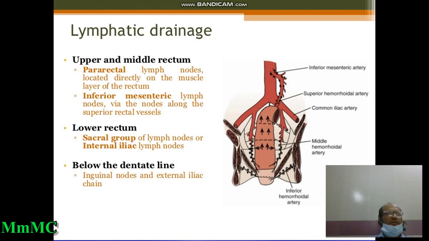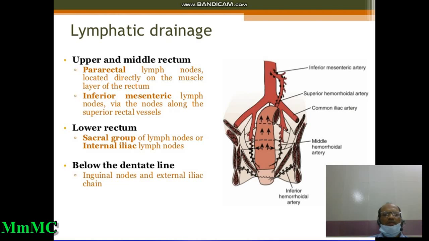Lymphatic drainage is very important in any type of malignancy. Upper and middle part of the rectum drain through the pararectal lymph nodes, that means lymph nodes surrounding the rectum, then ultimately they drain to the inferior mesenteric group of lymph nodes, and ultimately para-aortic lymph nodes, and then go upstream.